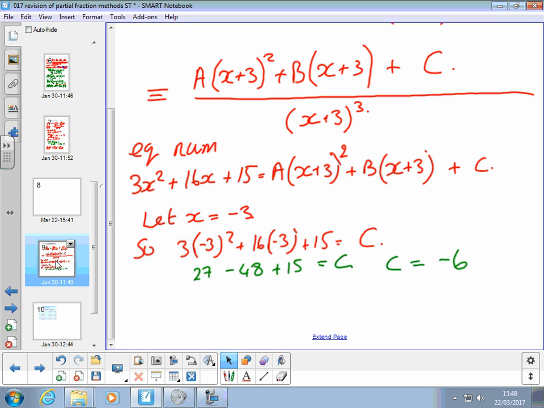What can we do now? It's a bit more tricky now. Anyone got any ideas what could be done? And to what end?